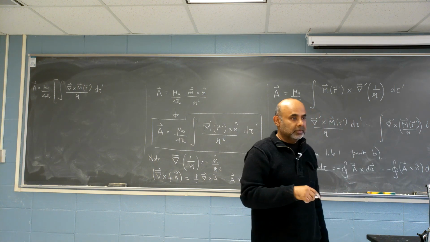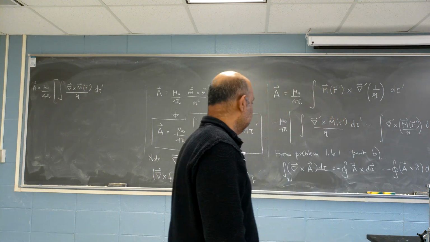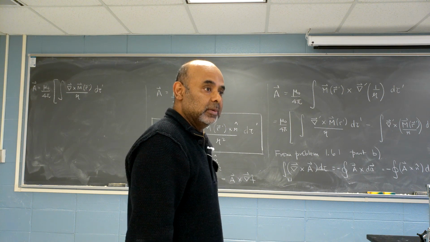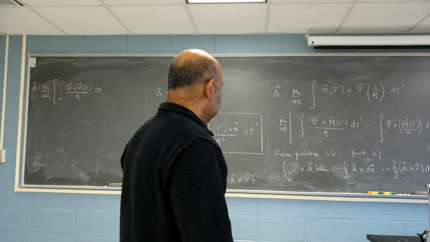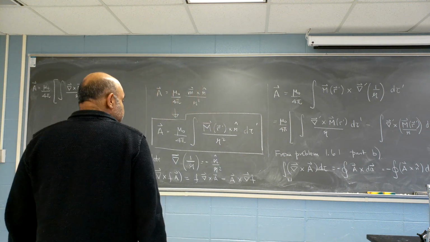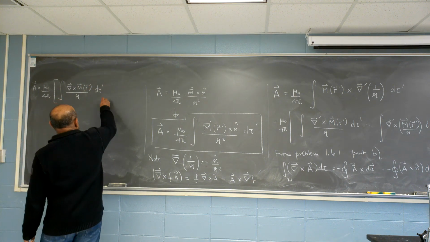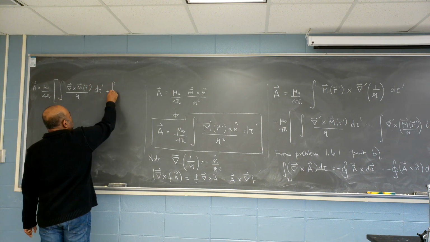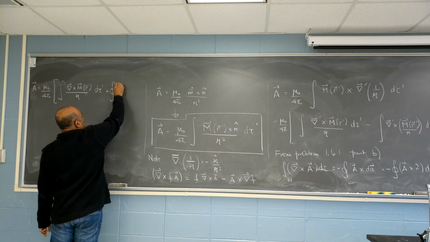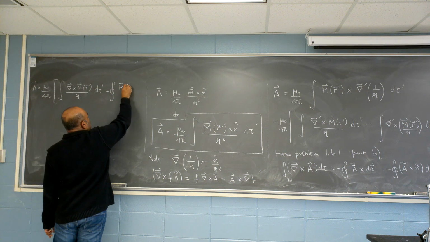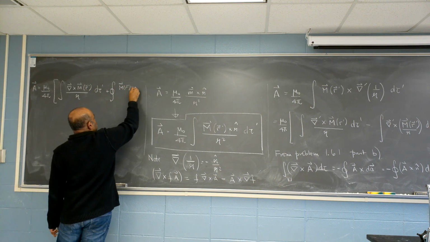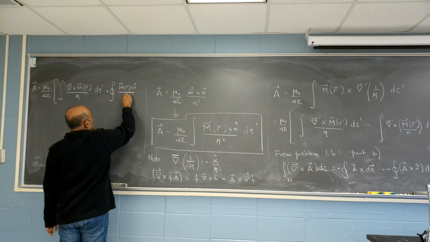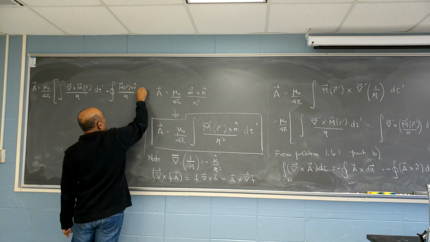I forgot to. When in doubt, check problem 1.61. You'll find that there is a minus in there. And then you will get the term M of R prime cross N dA prime for us.